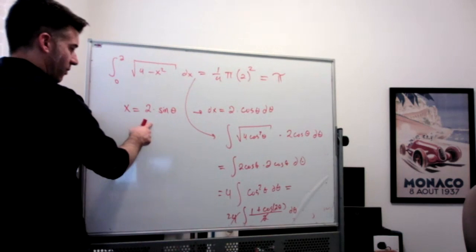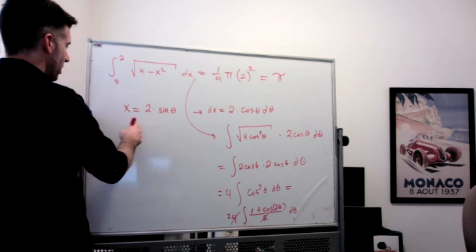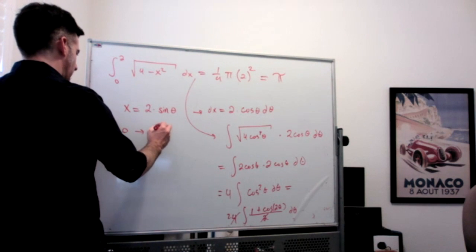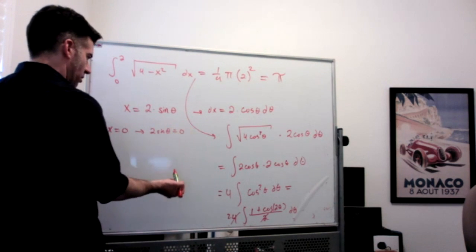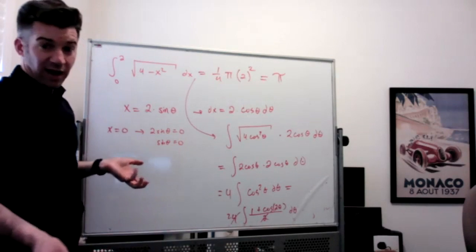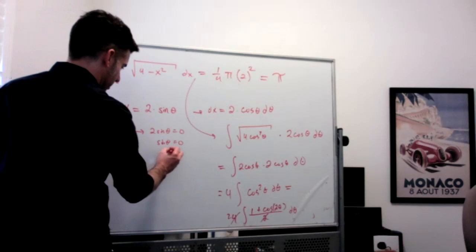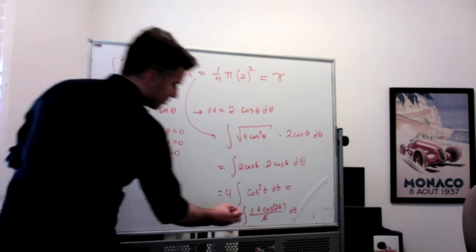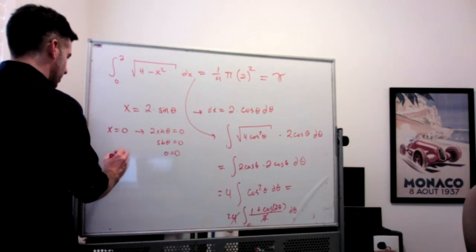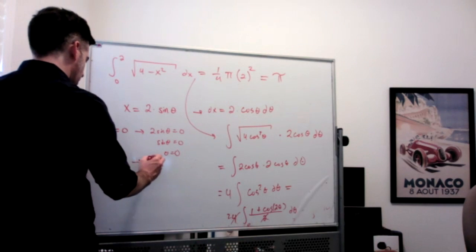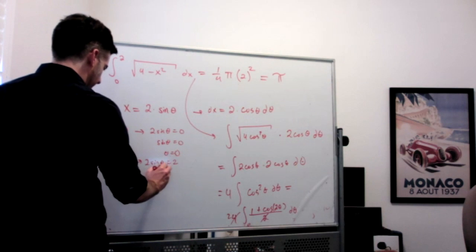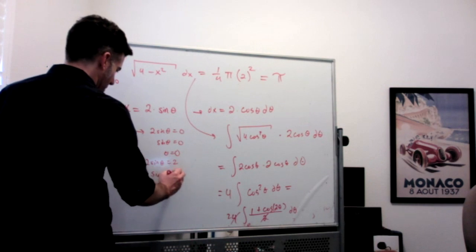So if I want to find my new limits of integration, I have x equal to 0, which means 2 sine of theta equals 0. Sine of theta equals 0. Sine of what angle equals 0? The angle is 0. And then if x equals 2, we have 2 sine of theta equal to 2, so sine of theta equals 1.